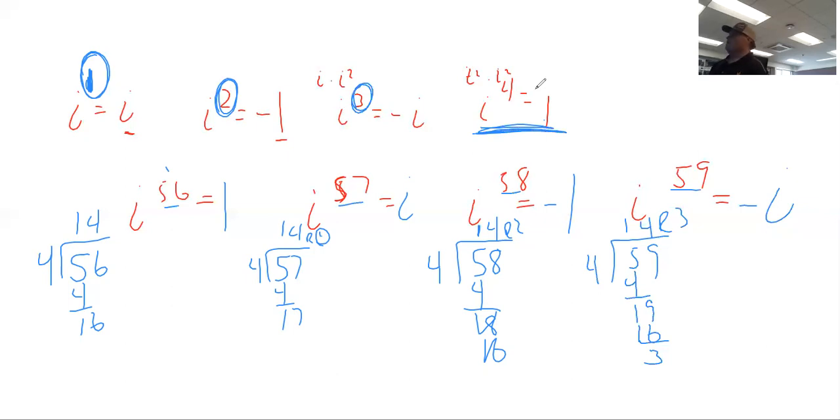So it's always 1. If you have a remainder of 1, it always matches up with this. So it's i. And therefore, remainder of 2, you're here, -1. And remainder 3, you're here, -i.